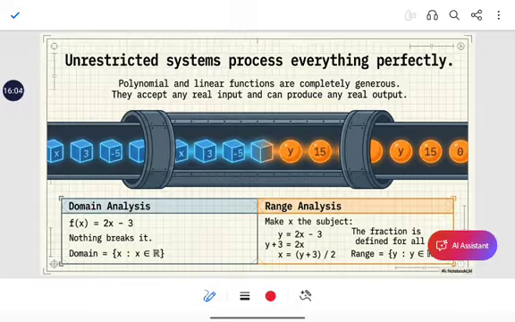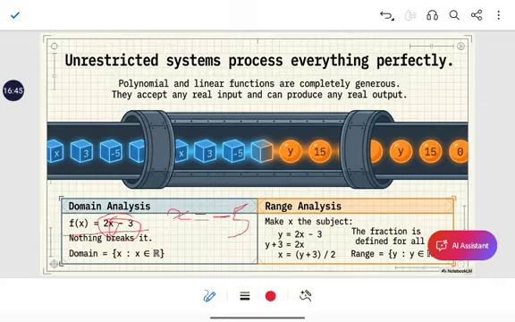So for example, f of x is equal to 2x minus 3. Now choose any number you put in place of the x. When you resolve this, the answer you get will still be a real number. Okay, so for example, let's say x is equal to -5.